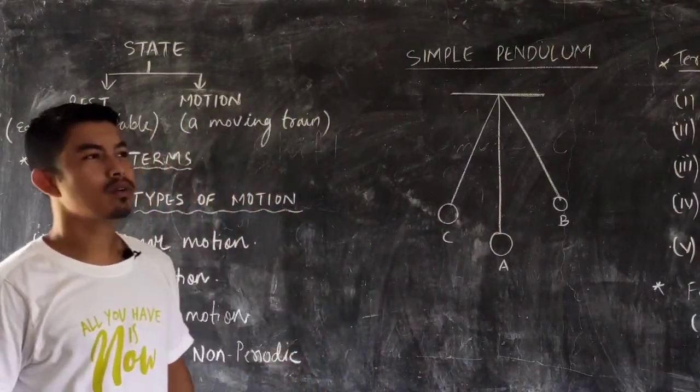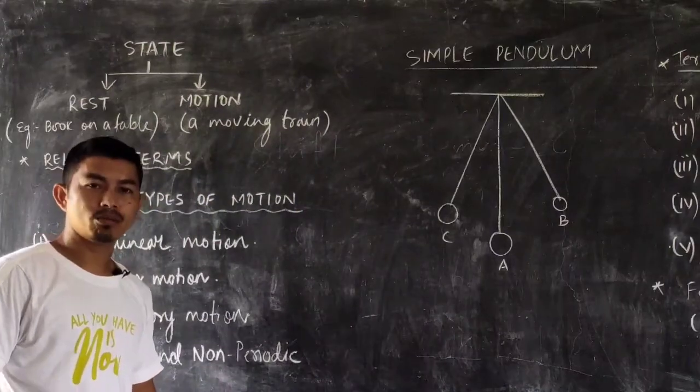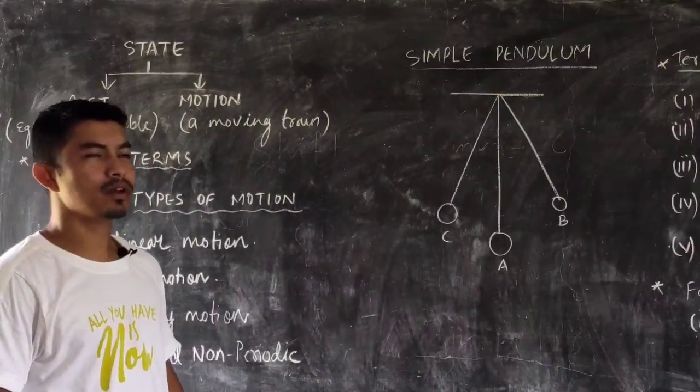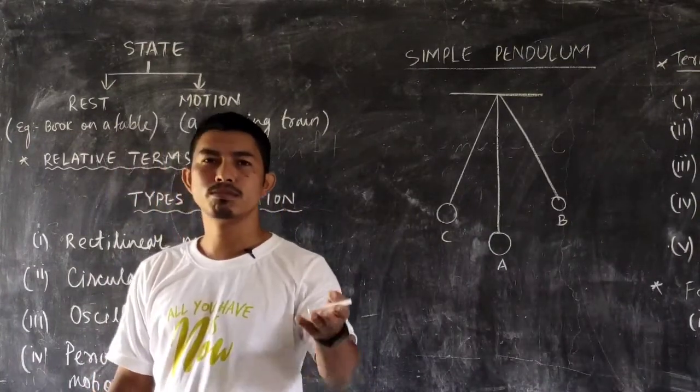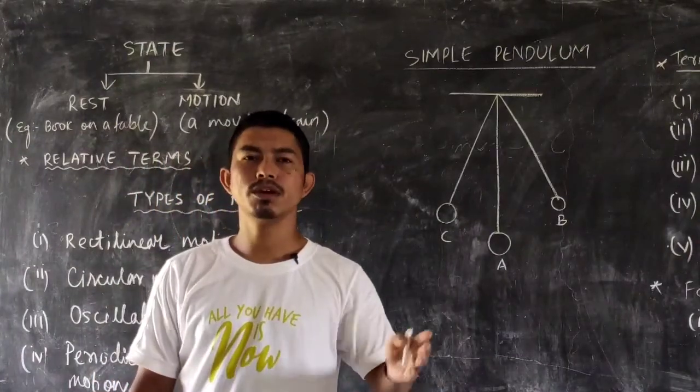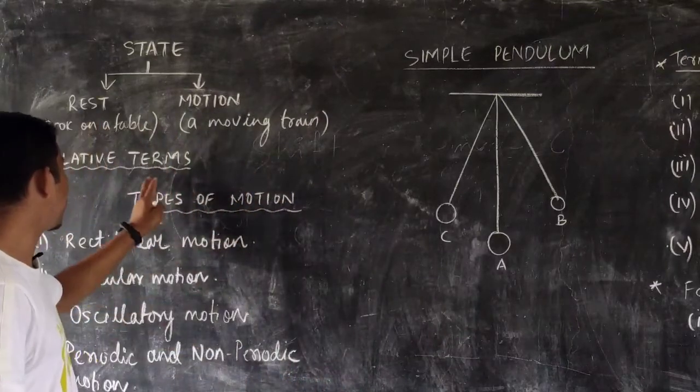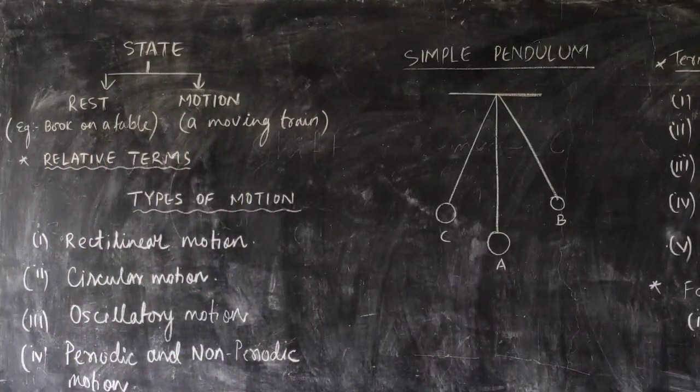So rest and motion depend upon the person viewing it. The same object, for you it may be at rest, and for me it may be in motion. That's why they are known as relative terms.